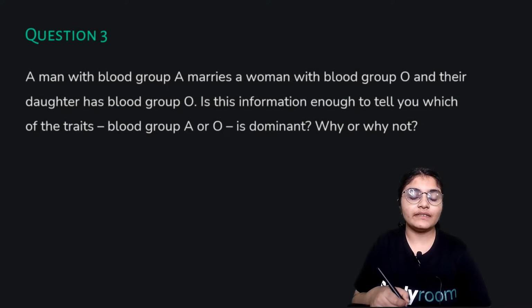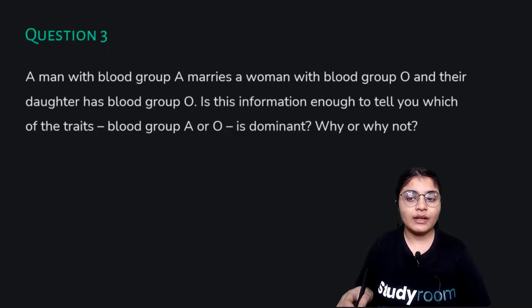The third question that we have is, a man with blood group A marries a woman with blood group O, and their daughter has blood group O. Is this information enough to tell which of the traits, blood group A or O, is dominant, and why? We can say that the information is not enough because each individual is carrying two alleles. The recessive trait can occur only when two alleles are similar, right?